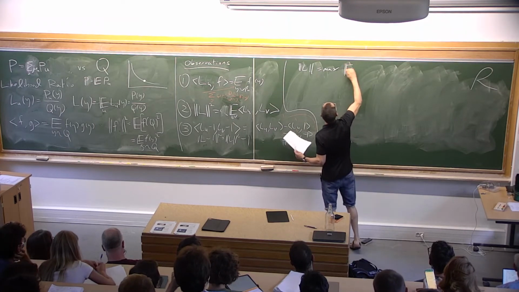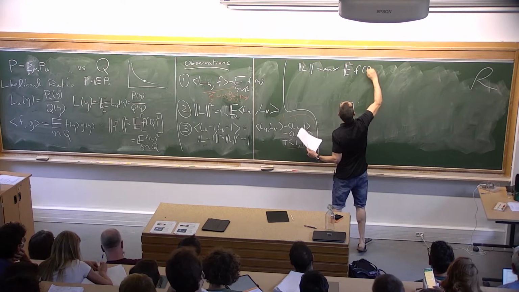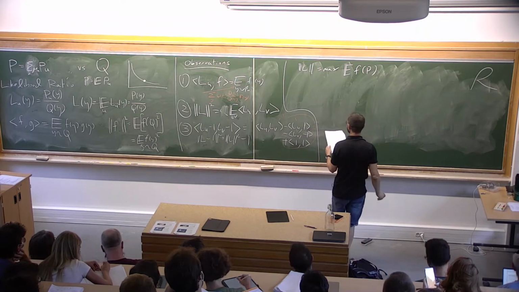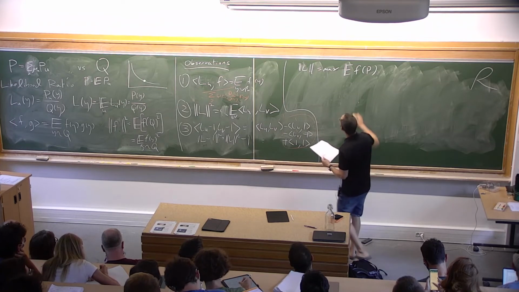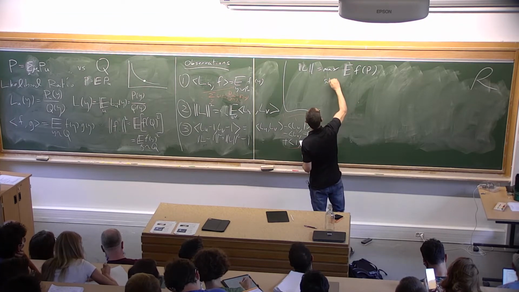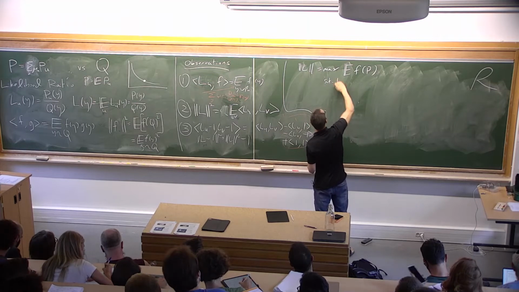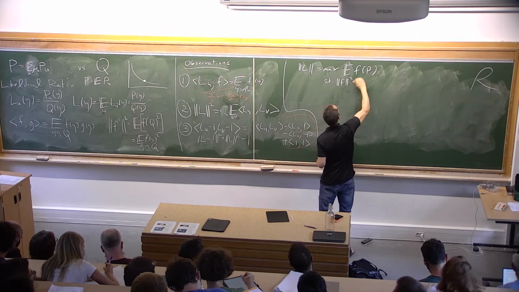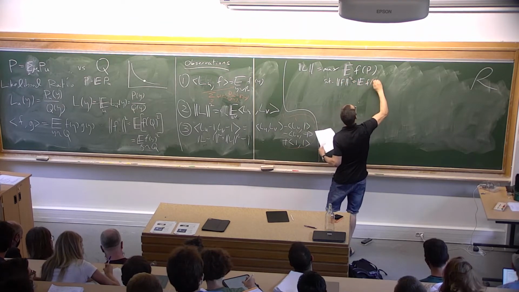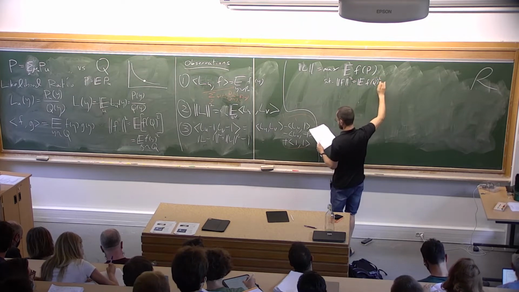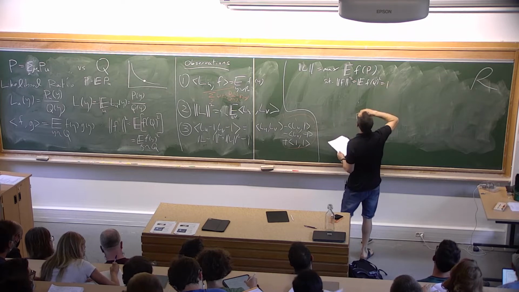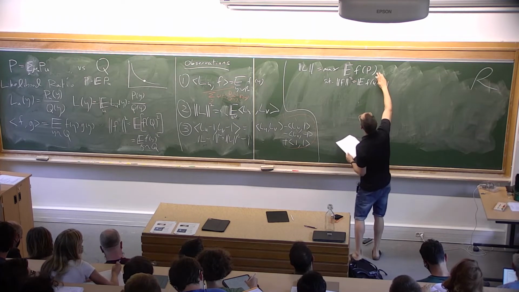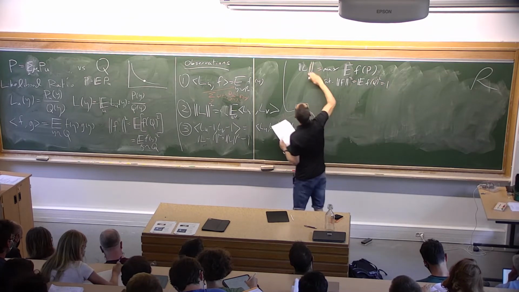So I'll write this. So a maximum of the expectation of F under P such that the norm squared, which is the expectation of F(Q) squared, say, or I think we can write it even, maybe this is nice, the norm of L minus 1.